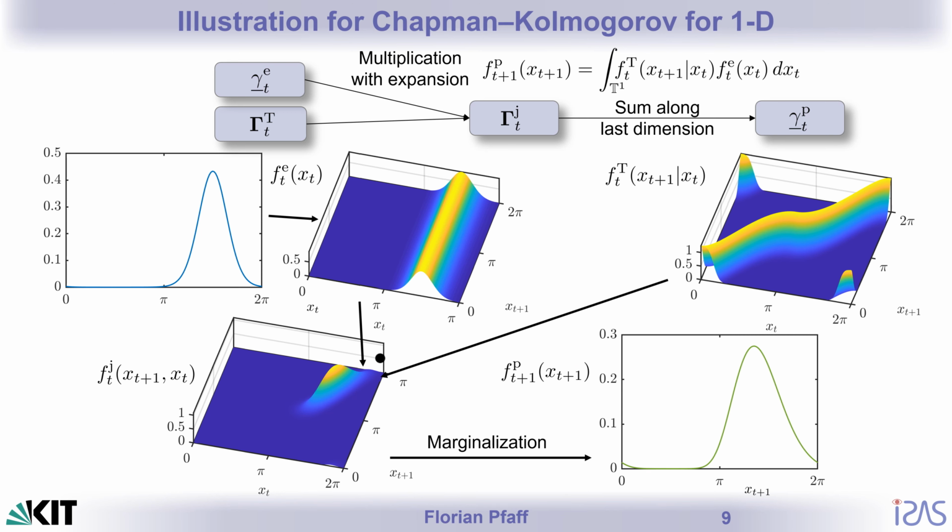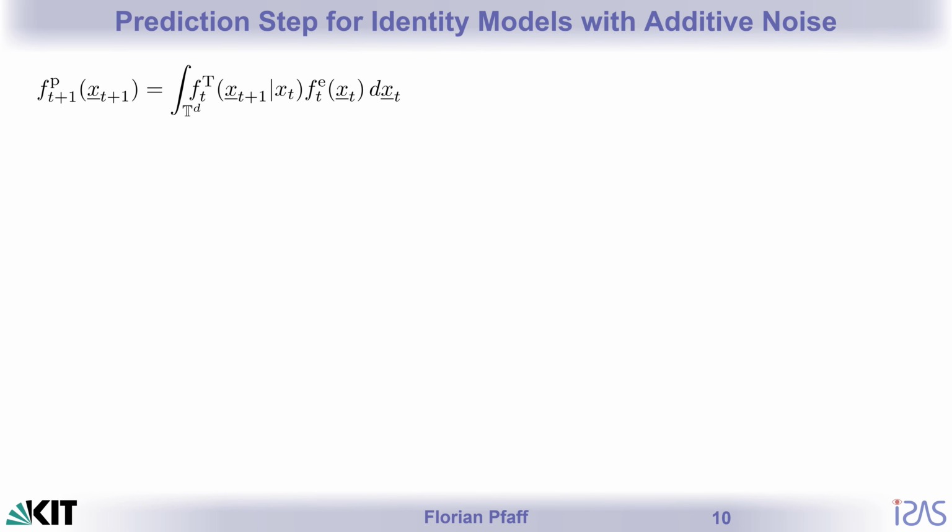In the prediction step for identity models with additive noise, we use that the Chapman-Kolmogorov equation simplifies in this case because the transition density f_t(x_{t+1} | x_t) then simply becomes f_w, which is the density of the additive noise term, of x_{t+1} minus x_t.